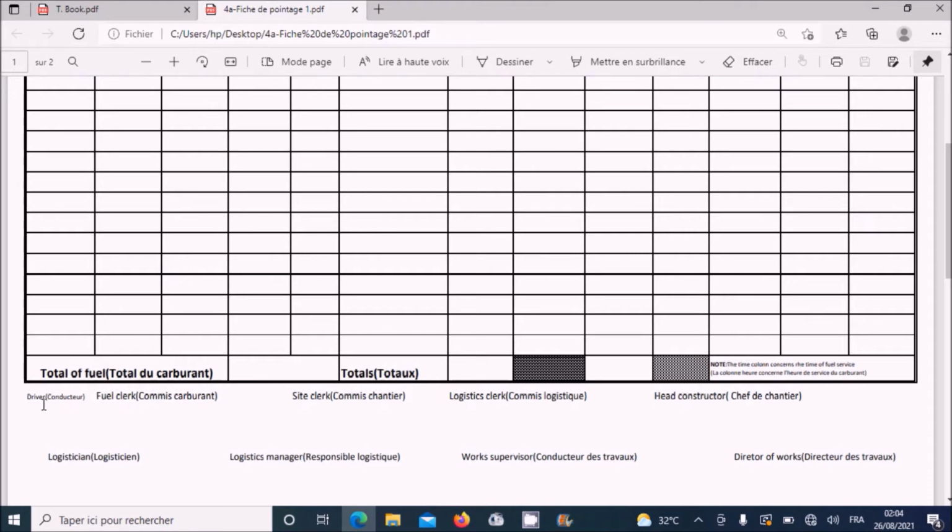And here we have all the actors involved who have to sign: the driver, the fuel clerk, site clerk, logistics clerk. We have here the head constructor or the site foreman.